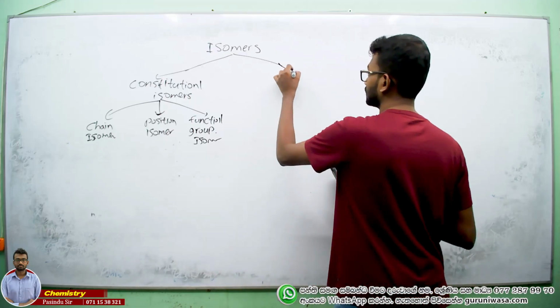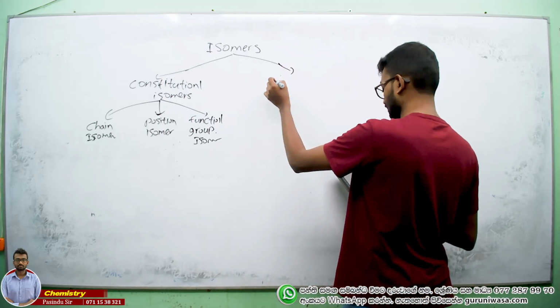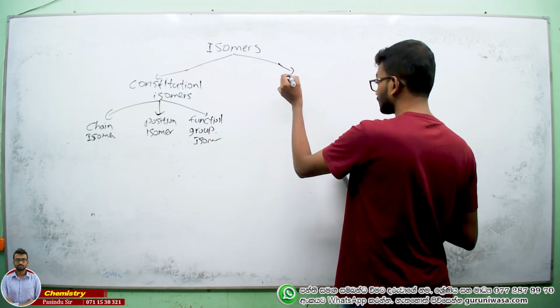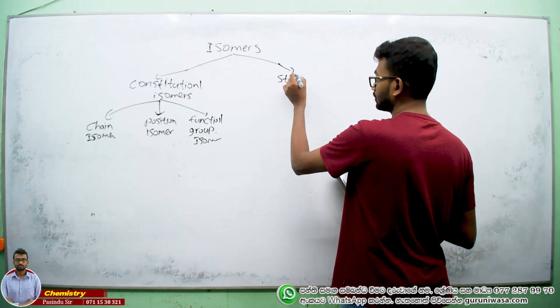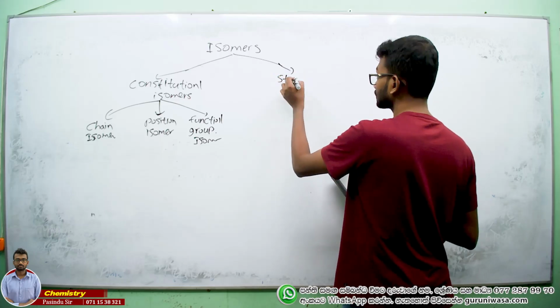And then copy the chart. Isomers are again divided into stereoisomers.